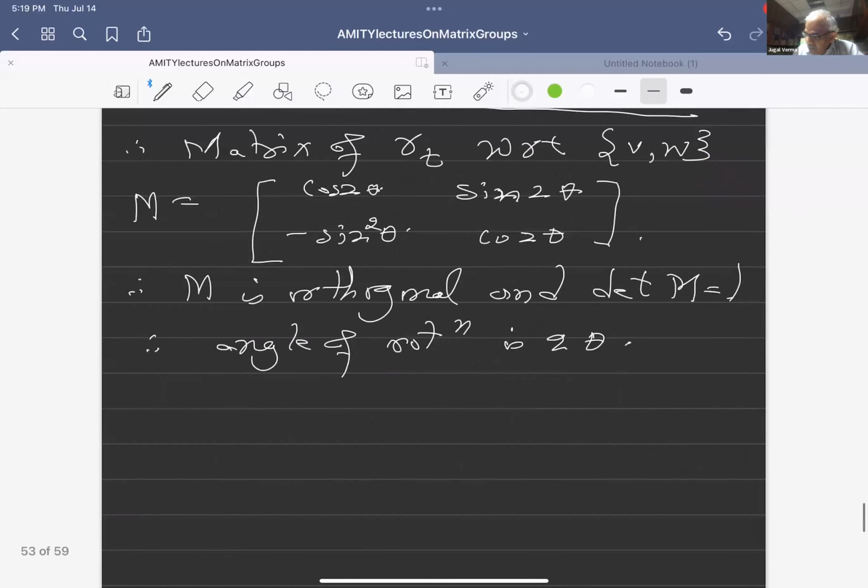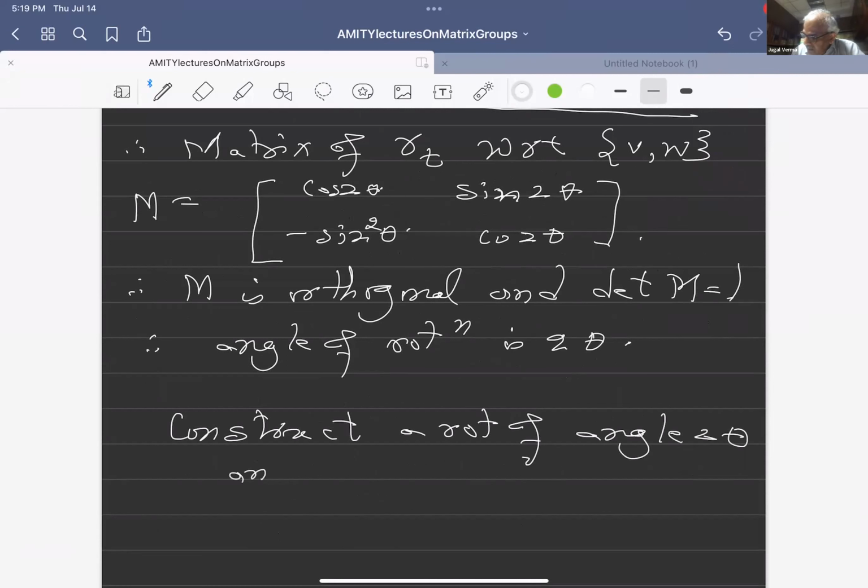So we have a recipe now, a recipe for how to construct a rotation of angle 2 theta and axis u, where u is a unit vector.